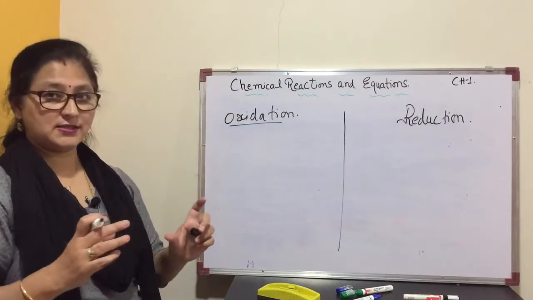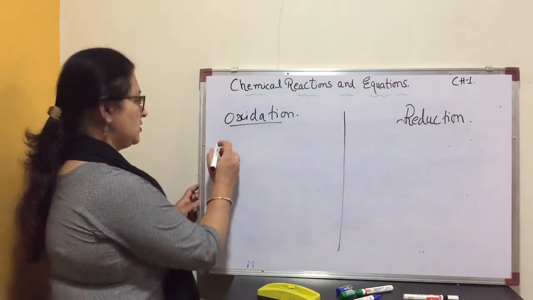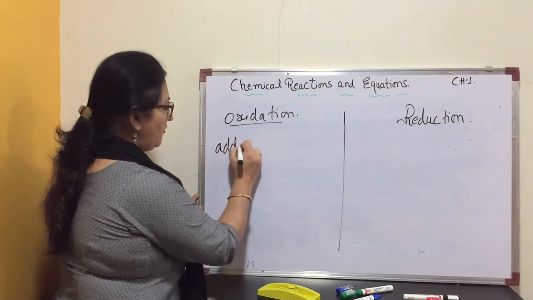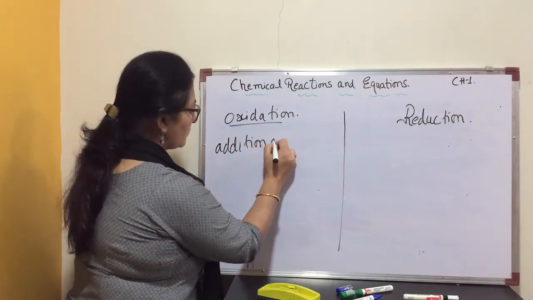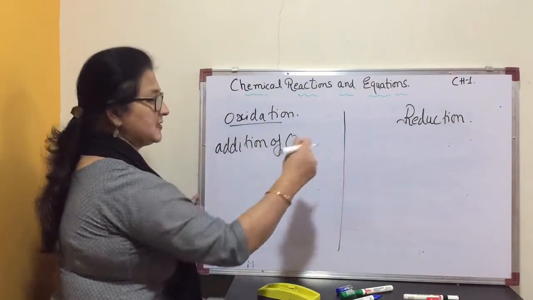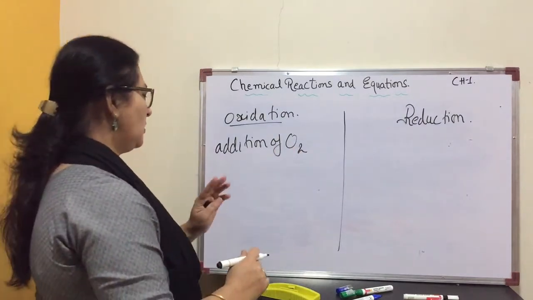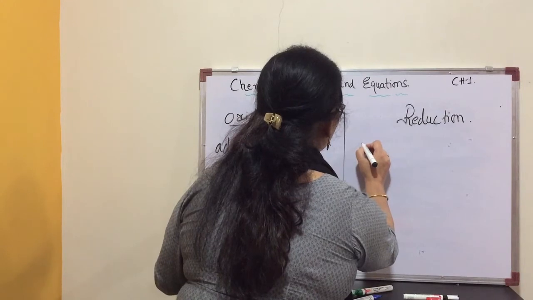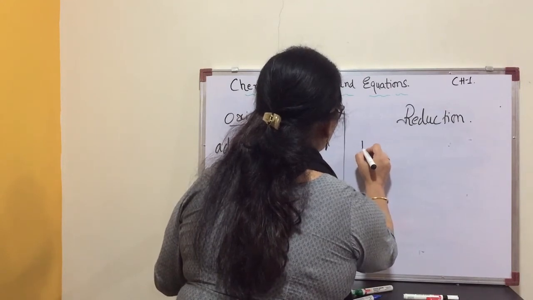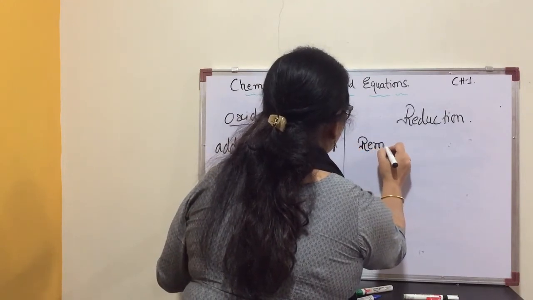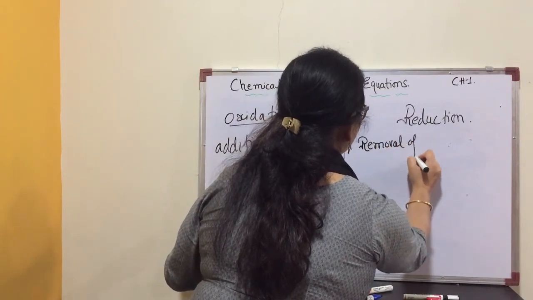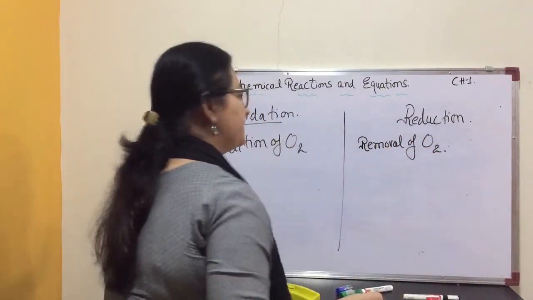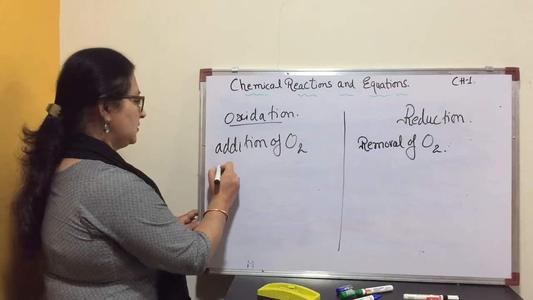So oxidation is nothing but addition of oxygen. Whereas reduction is just the opposite. Okay, you can write removal of oxygen. Clear?